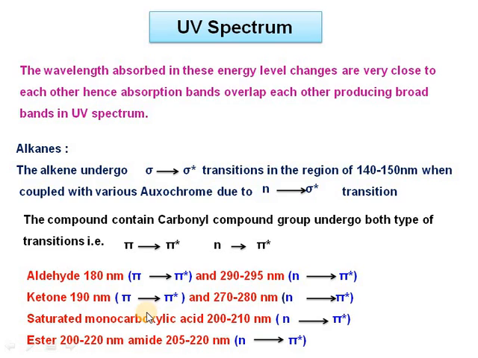Esters show about 200 to 220 nanometers, and amides show 205 to 220 nanometers, due to n to pi star transitions observed in esters as well as amides.